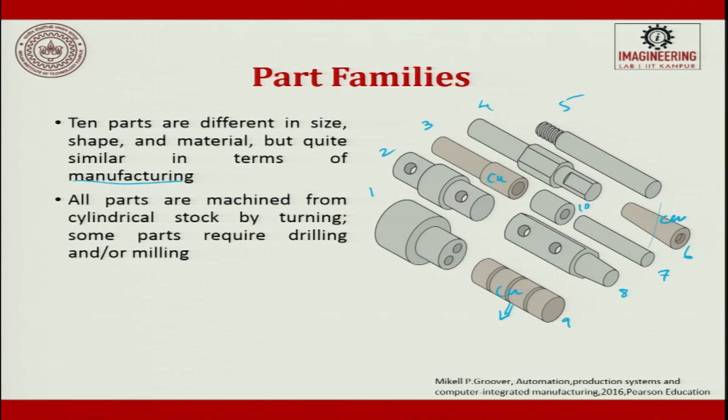All the parts are machined from a cylindrical stock by turning. Some parts require drilling, some parts require drilling and milling or only milling after turning. This is a part family.